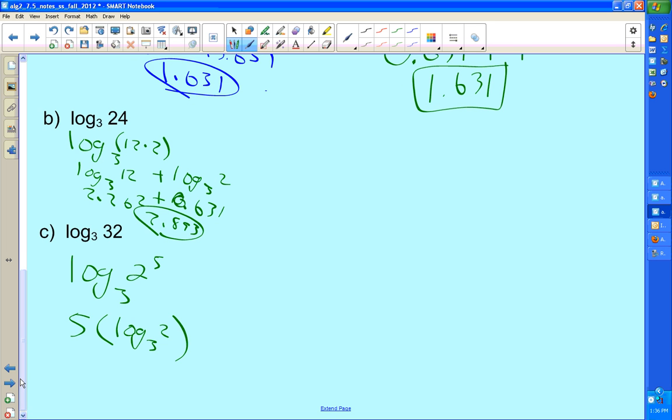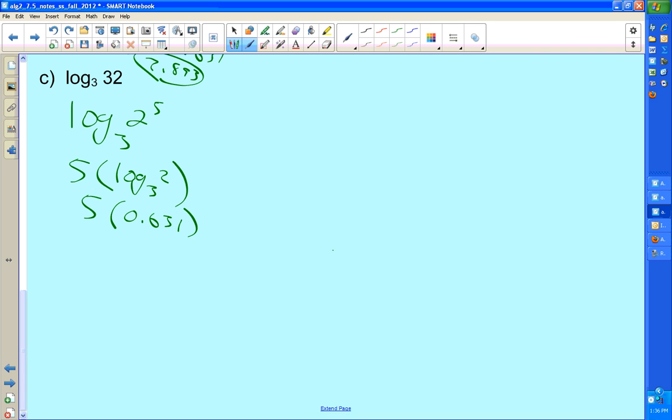And log base 3 of 2 is 0.631. 5 times 0.631 is 3.155. That's what log base 3 of 32 is. 3 to this power is 32.